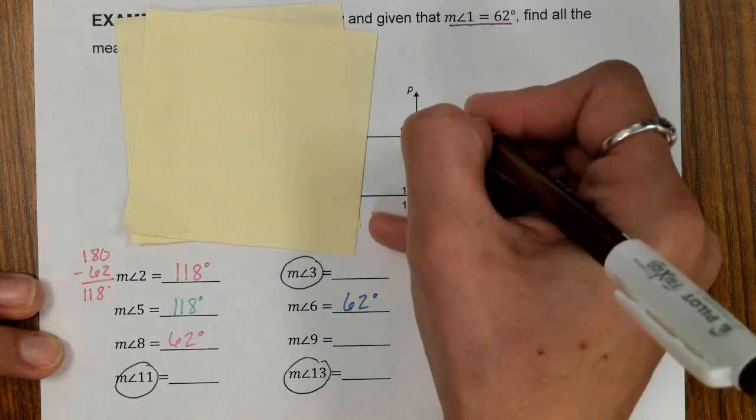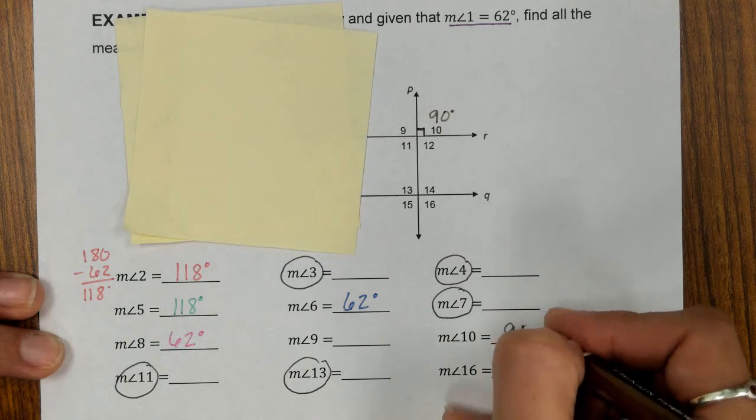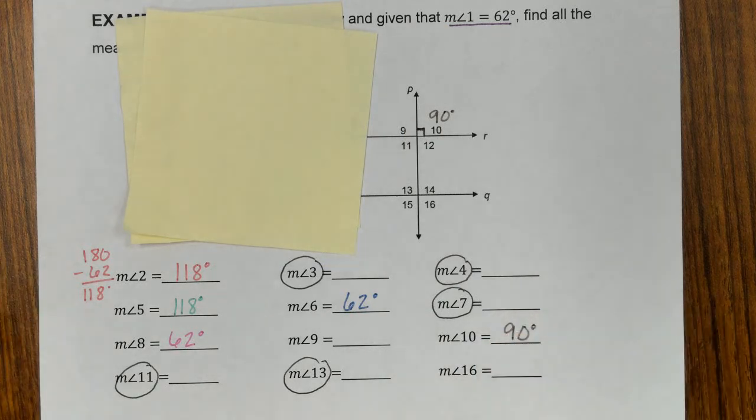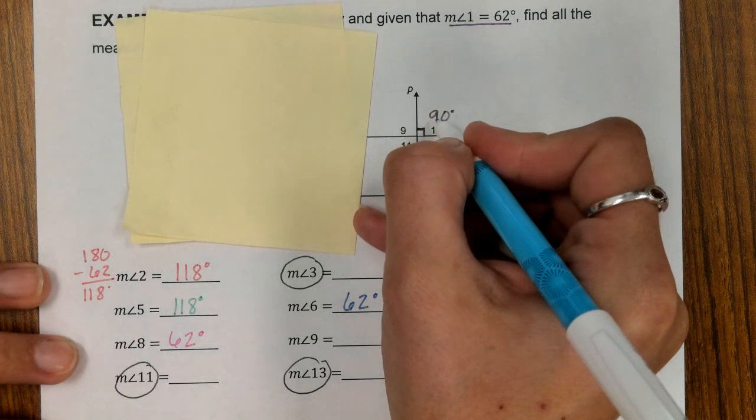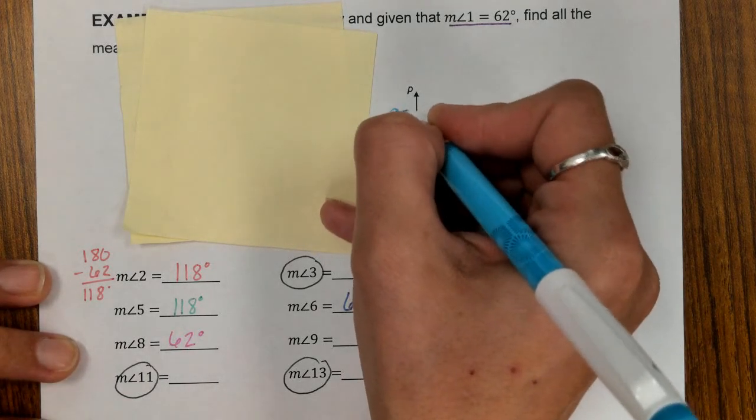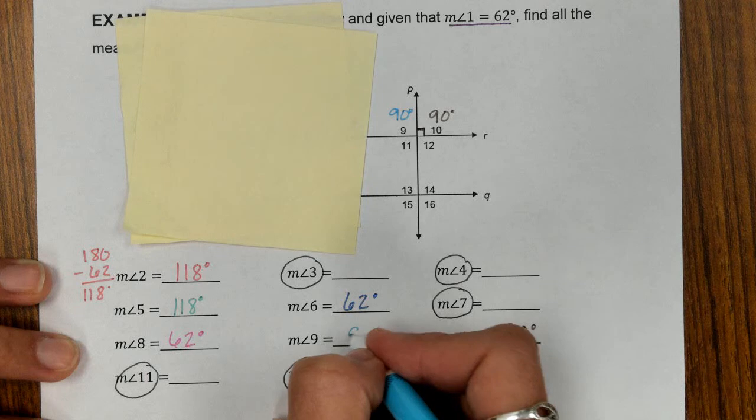It tells me it's 90 degrees. So here we go, 90 degrees. And since angle 9 and angle 10 are a linear pair, they're supplementary, so we know that 180 minus 90 is 90. So they both have to be 90 degrees.